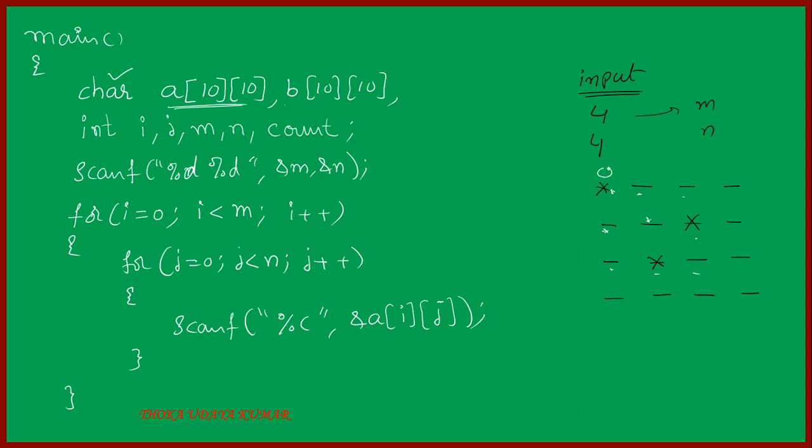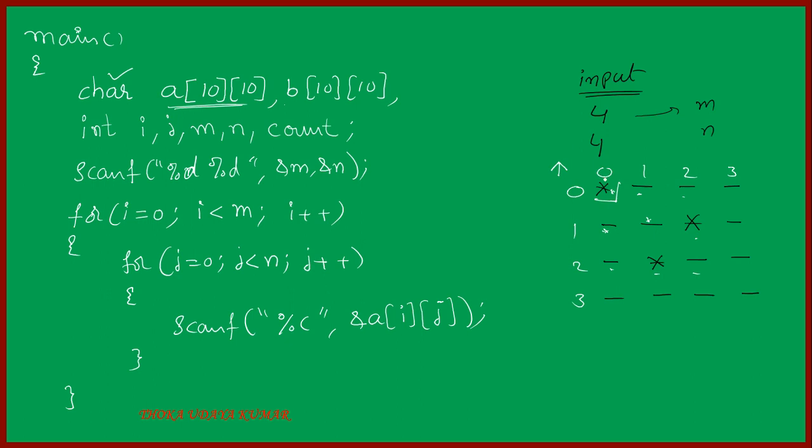So this is the 0th column, this is the 0th row. 1, 2, 3, 1, 2, 3, right? So for this, if the row number is 0, I will not check for the above rows because there are no rows existing.